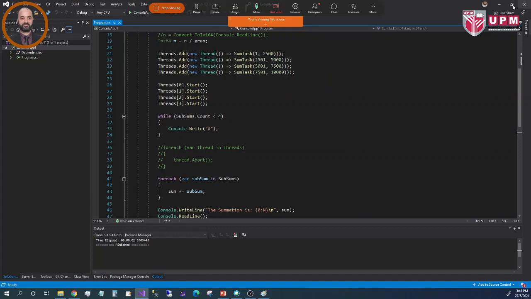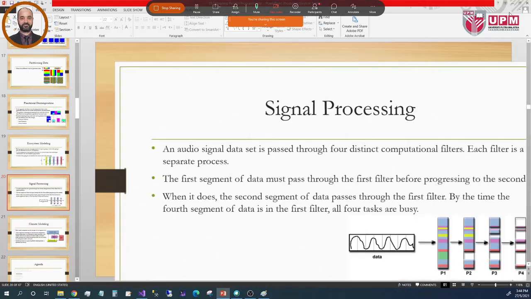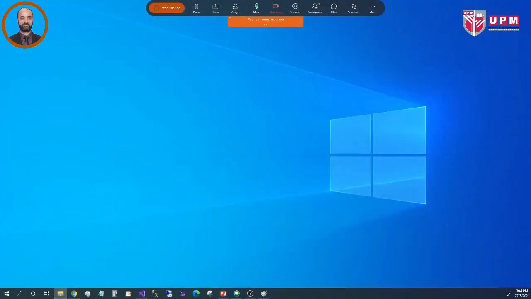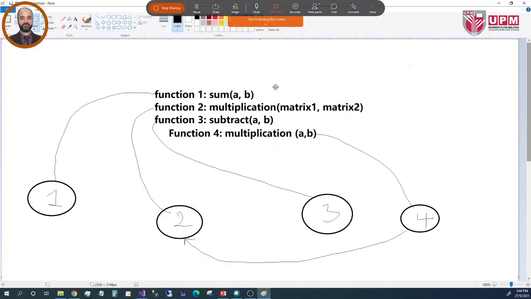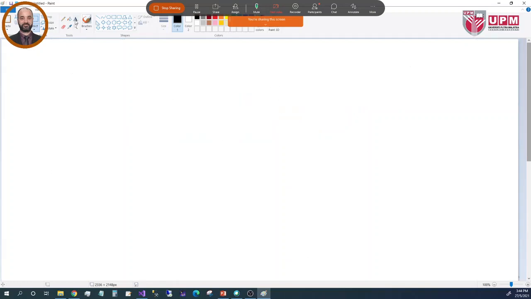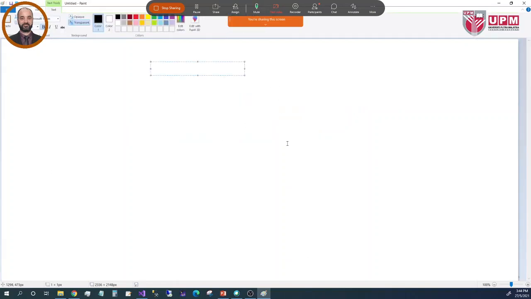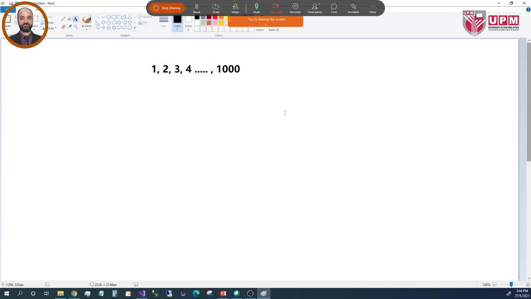But what if we have, for example, let me open this one. Let us say that we have data 1, 2, 3, 4, like that, for example up to 1000. Suppose that this is the data, but we have 2 tasks.